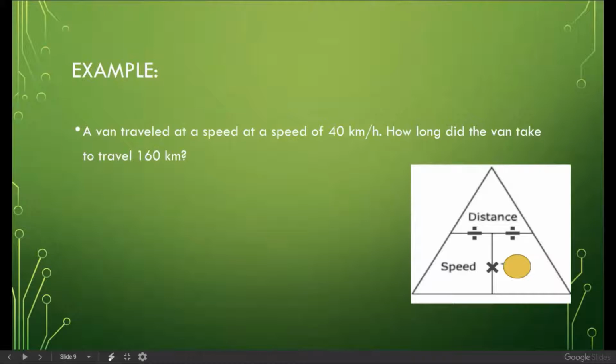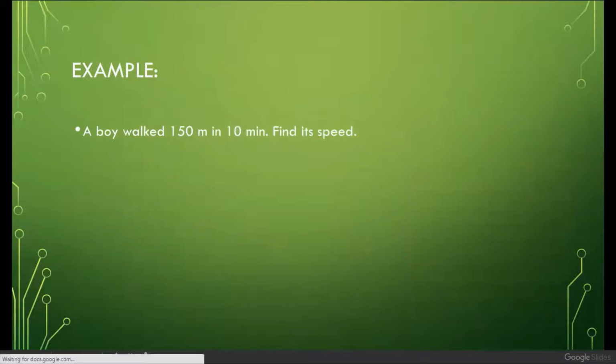And the formula used for time is the distance divided by speed. So we have the distance of 160 kilometers and the speed is 40 kilometers per hour. So 160 divided by 40 is 4. And the time is 4 hours.